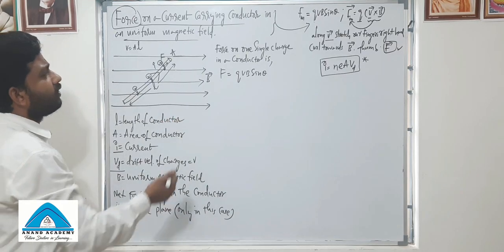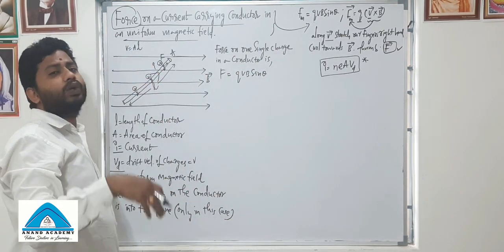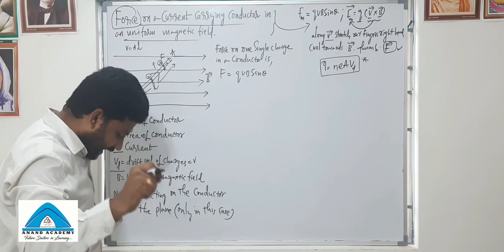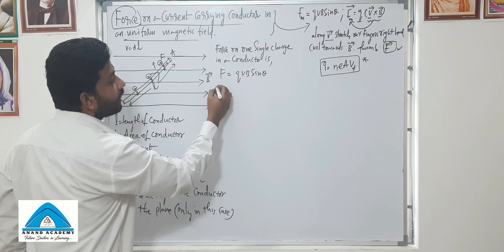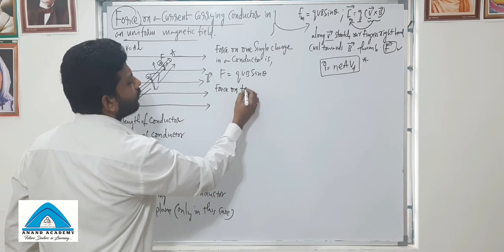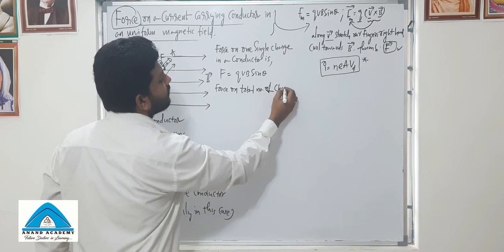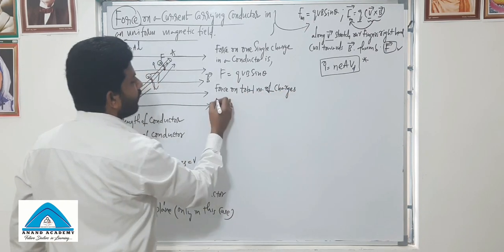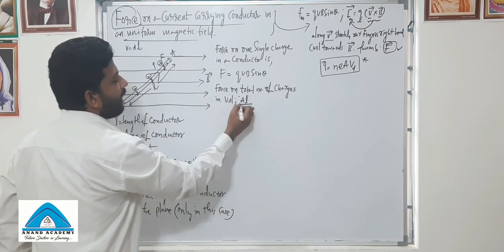So the same thing here, force on one single charge in a conductor is F is equal to QVB sin theta, and here if you carefully go through it, force on total number of charges in the volume AL.